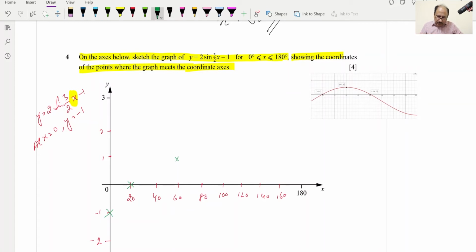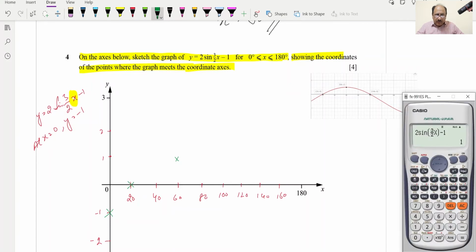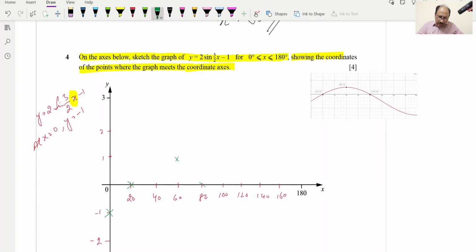Then we can check for 80. Calculate for 80, and this is again a decimal value, we'll ignore that. Calculate for 100, and this is equal to 0. So again it is touching the x-axis.